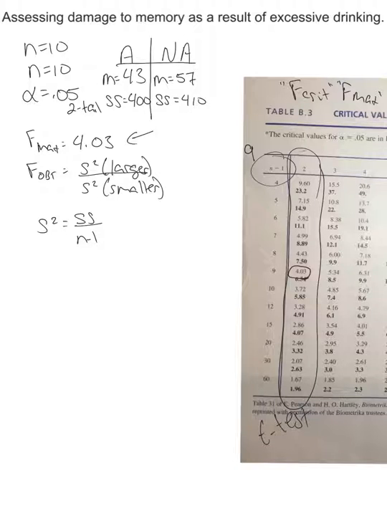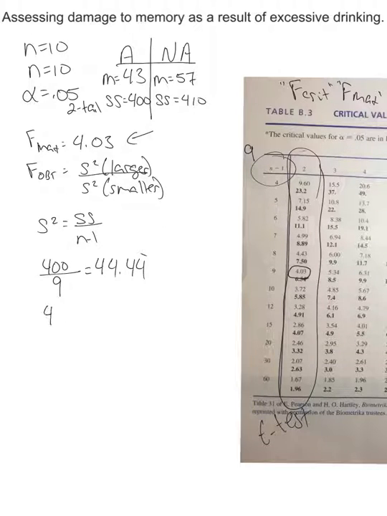So we have 400 divided by n-1, which is 9. Sorry, that gives us 44.44 repeating.